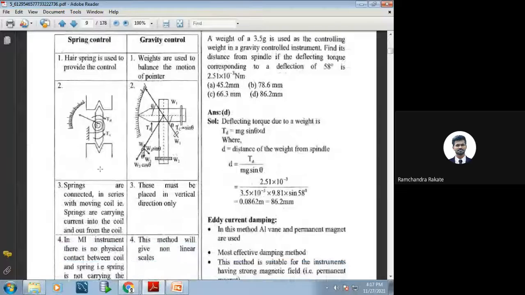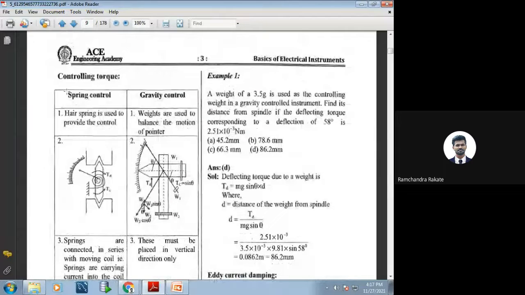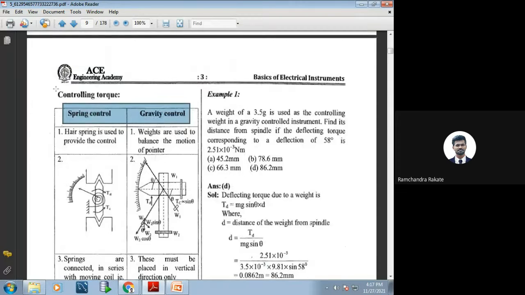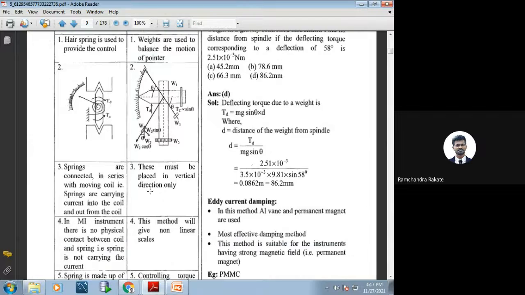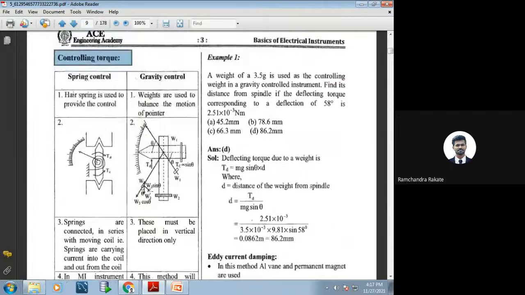First, before that, we'll look at this. Here we have the diagram for spring control and gravity control. This is part of the controlling torque, as we have just discussed. First we'll cover this one because it is related to what we have discussed so far.